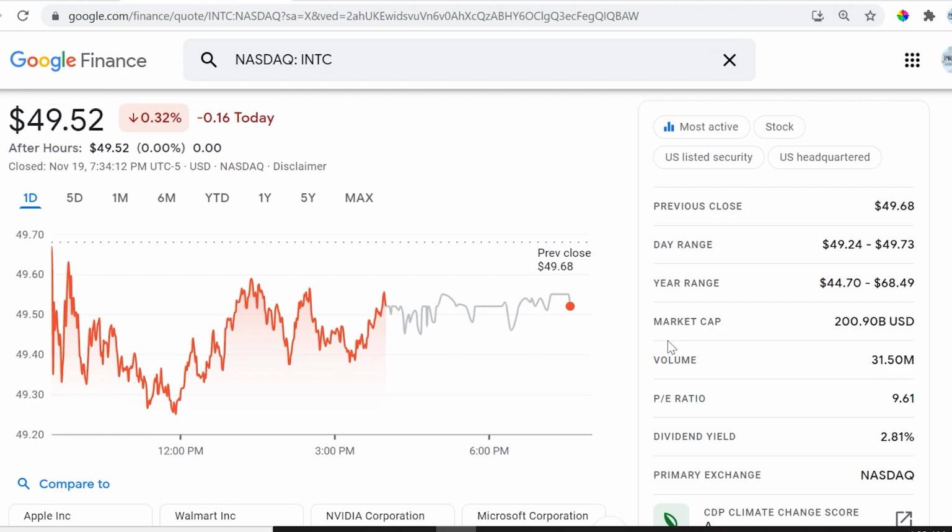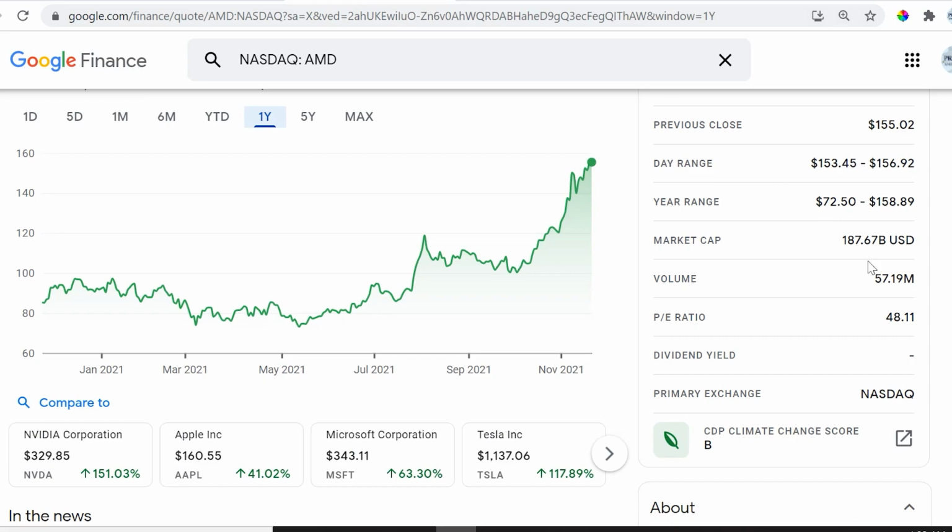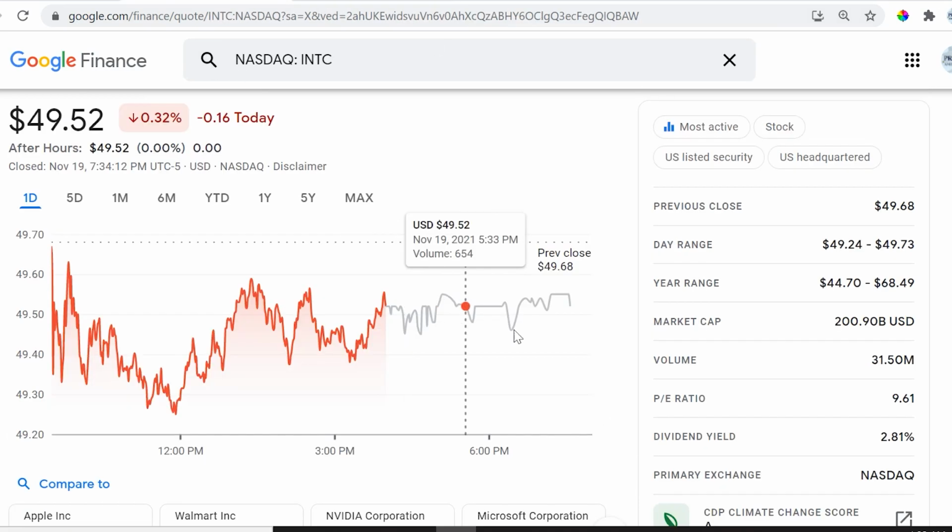Now, something else I want to mention is that when there's a market correction, so when investors take money out of certain sectors because the market is crashing, because of fear, uncertainty, doubt, whatever it may be, when there's a broader market sell-off, usually the stocks that have a lower PE ratio, so for instance, Intel and AMD, which has a higher one, Intel has a lower PE ratio, typically the stocks with the lower PE ratio are the ones that get hurt the least.